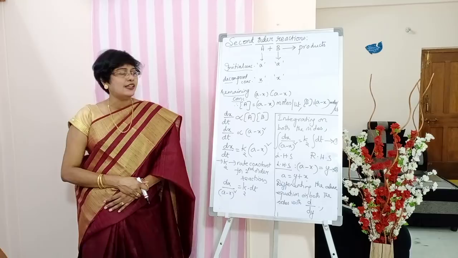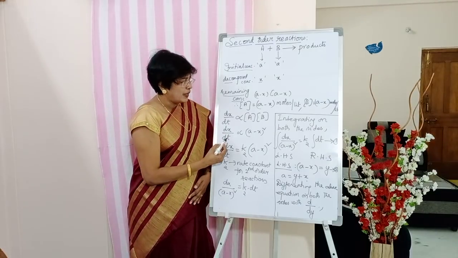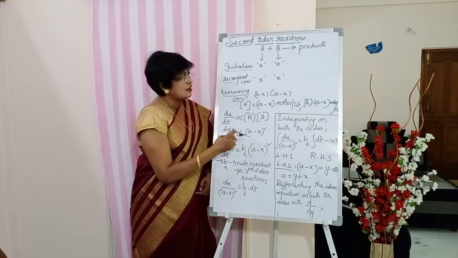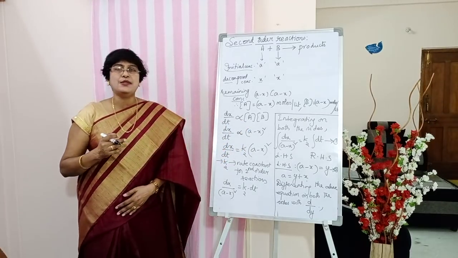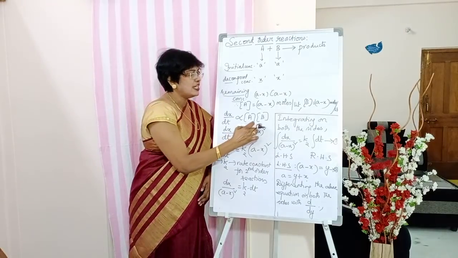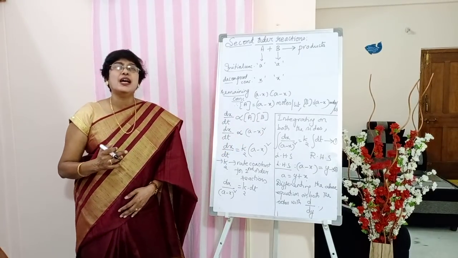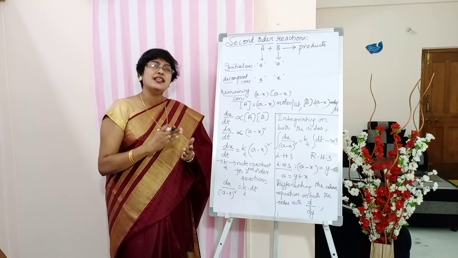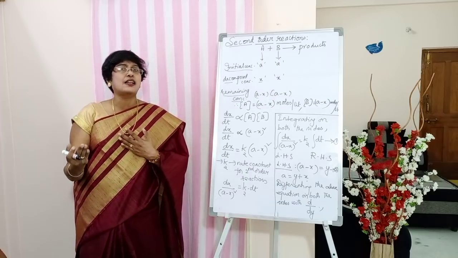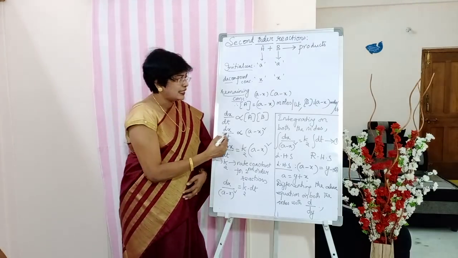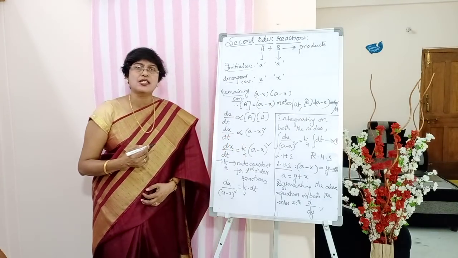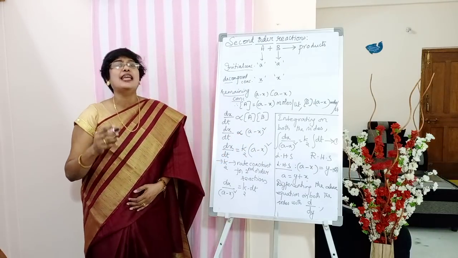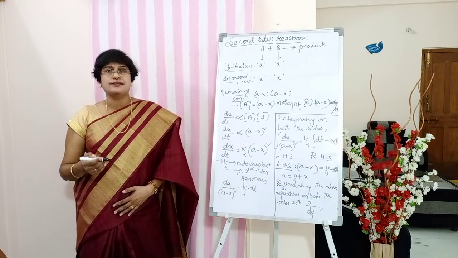Understood, students, till here? Next, dx by dt proportional to concentration of A after time t, a minus x, concentration of B after time t, a minus x. I need not write that step a minus x into a minus x because you are not small kids, right? So directly I have written dx by dt proportional to a minus x into a minus x. It is nothing but a minus x whole square.